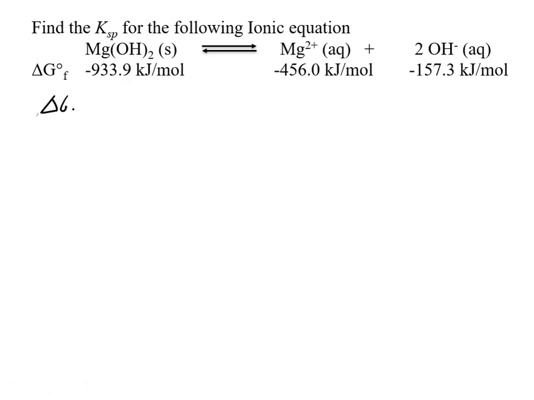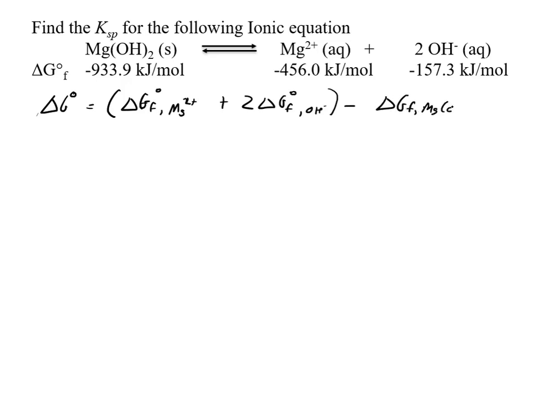Delta G naught is going to be equal to the delta G of formation for magnesium 2 plus plus 2 times the delta G of formation for OH minus the delta G of formation for magnesium hydroxide as a solid.